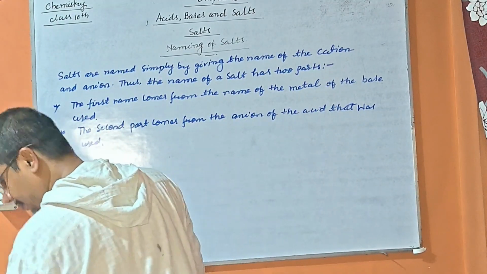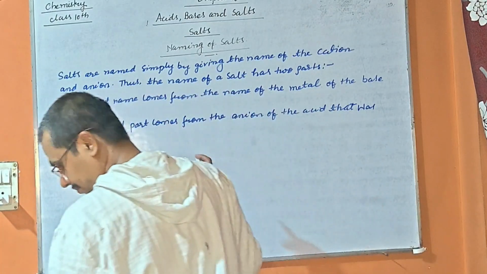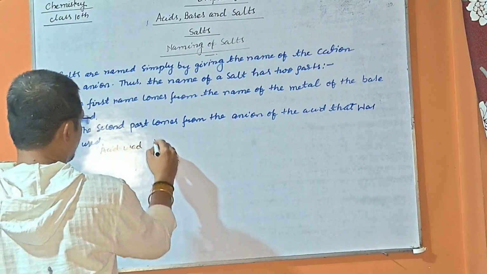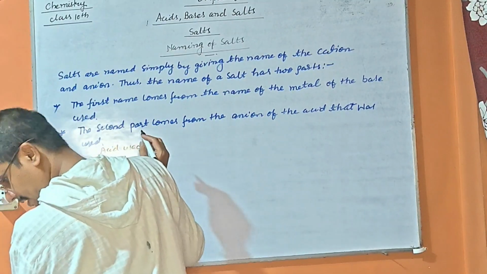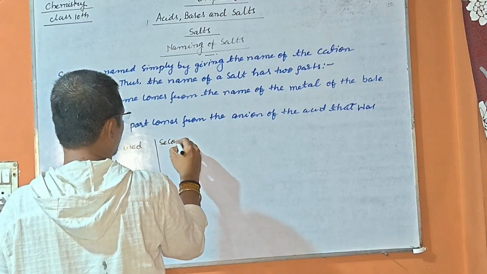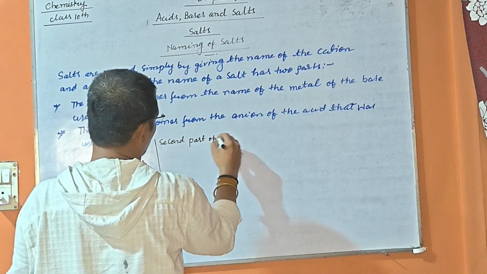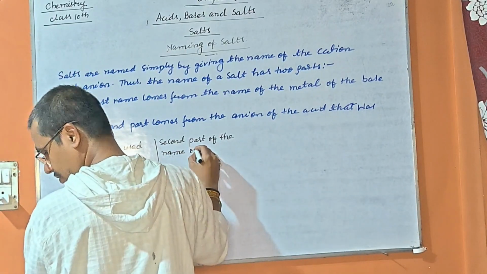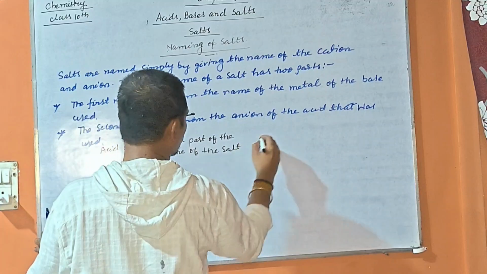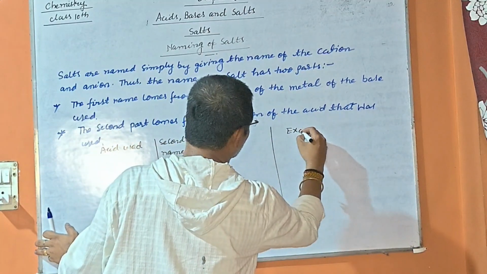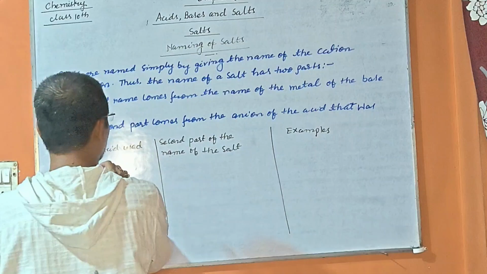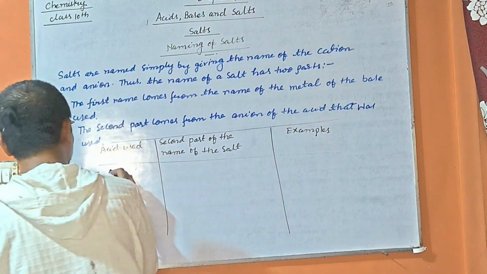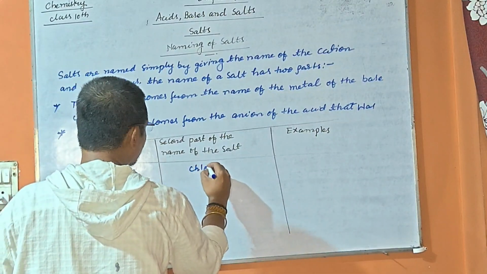Let us take some examples. For HCl, the acid used, we say the name chloride.